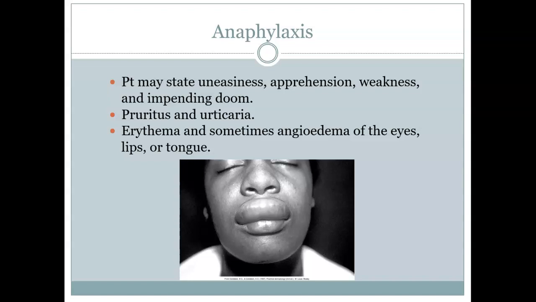They may state an uneasiness, apprehension, weakness, maybe a feeling of impending doom. They might talk about their skin itching. They may have some pruritus and urticaria. You may also see the erythema, the redness. You may see the angioedema of the eyes, the lips, and the tongue. And this is a picture of a patient with angioedema. You can tell her upper airway is swollen in this picture.